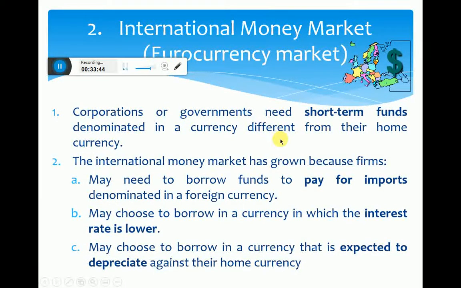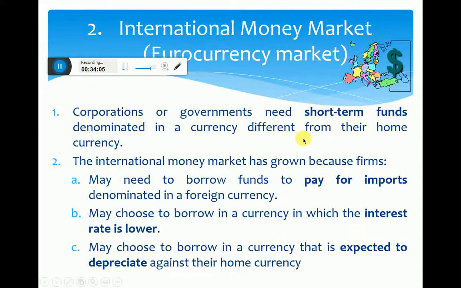It's a market where corporations and governments can acquire funds for the short term, right? Corporations or governments need short-term funds denominated in a currency different from their home currency.